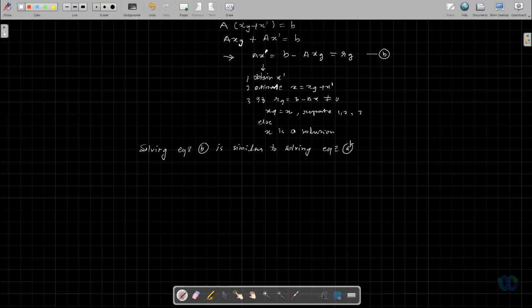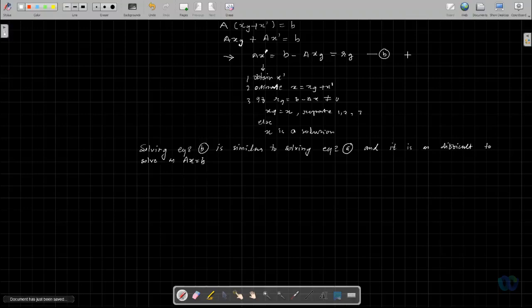Equation A is as difficult to solve as A x is equal to B, equation B. So why is it difficult to solve?